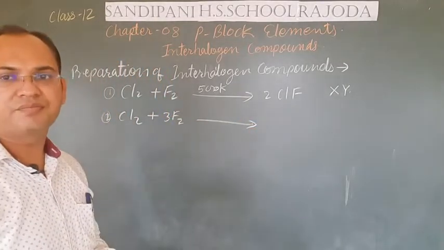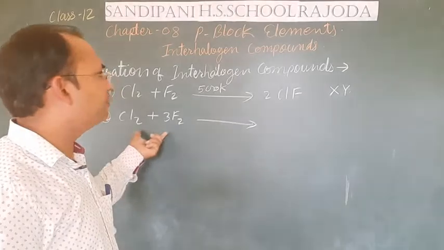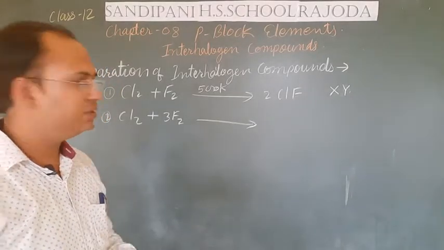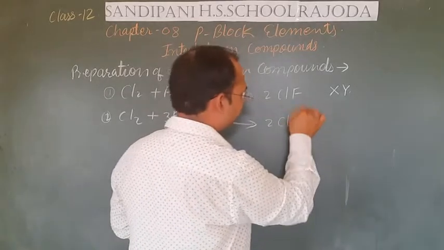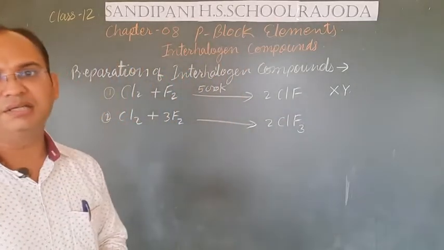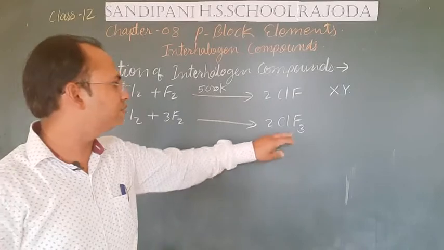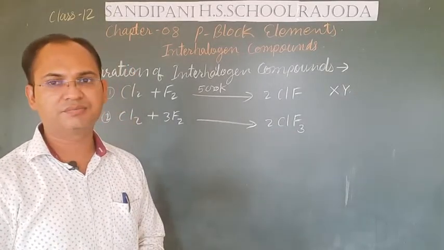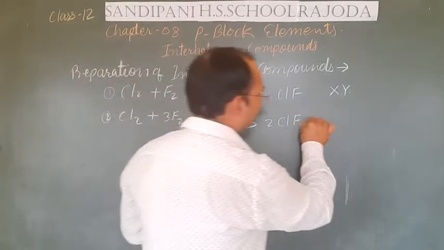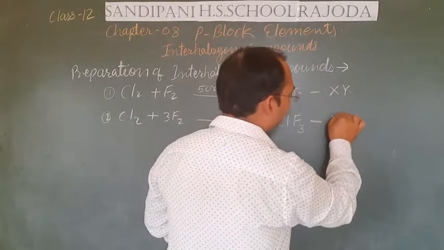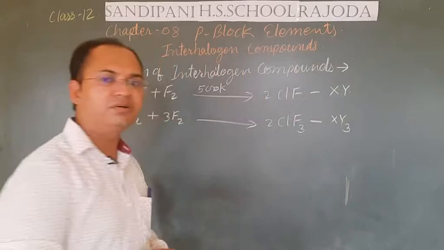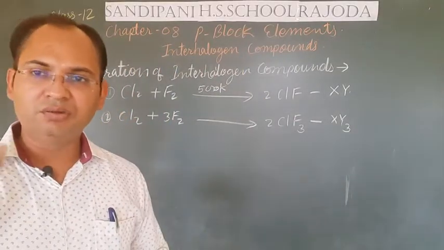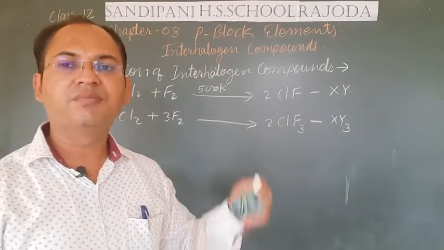Now see, the product which will form will be entirely changed, and it will be 2ClF3, chloro trifluoride, because 3 fluorines are there. So this compound is of XY3 type, because one halogen is in one number and the second has 3 atoms in it.